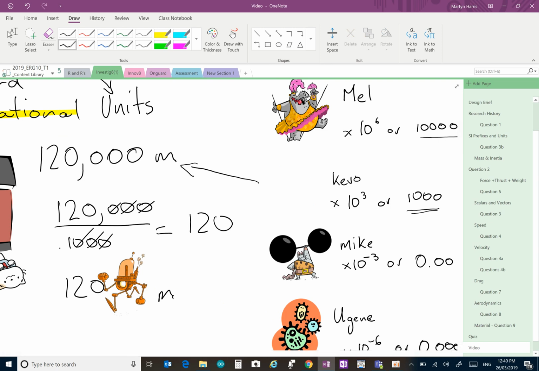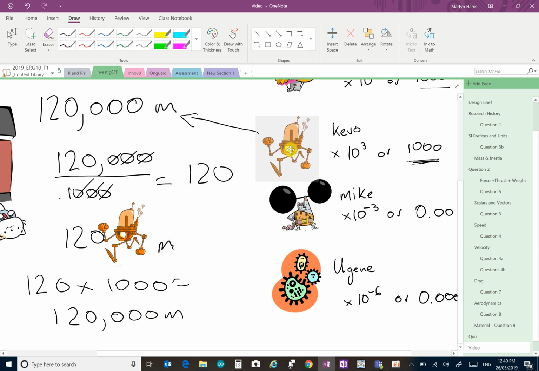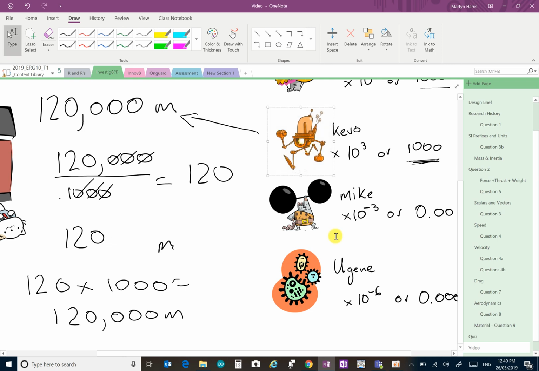Now if I want to get rid of Kev and get it back to its normal number, I need to times it by what Kev is worth. So Kev's worth 1,000, so 120 times 1,000 equals 120,000 meters. Now instead of using a robot to represent this prefix, what I'm going to use is a K instead.